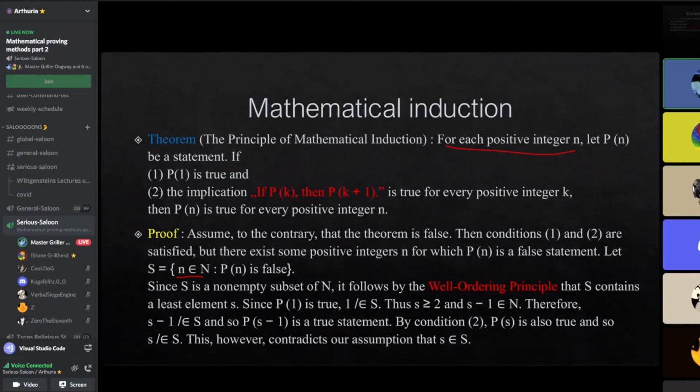If anyone knows, why do we know that S is non-empty? Does anyone have an idea? I guess not. Okay. Because the statement itself is stating that there exists some positive integer n. So there exists at least one integer n.